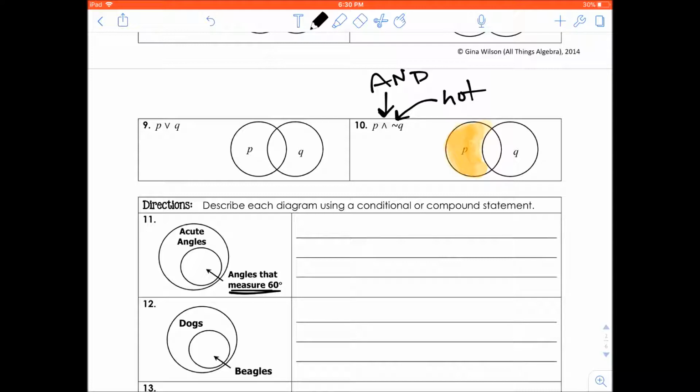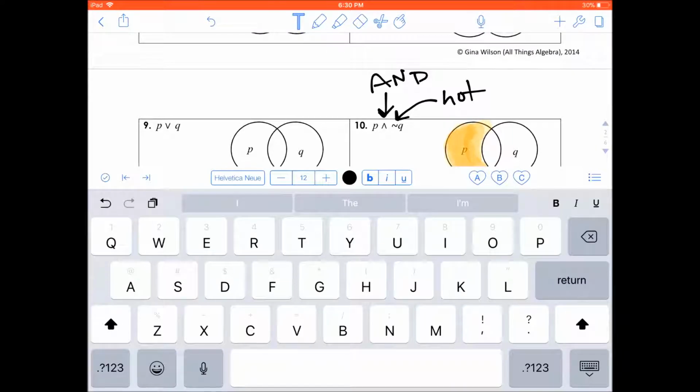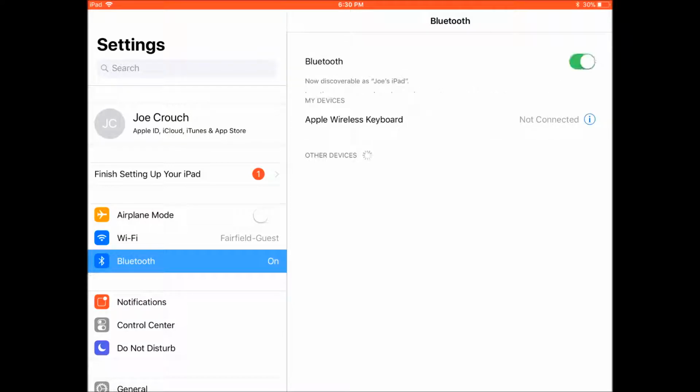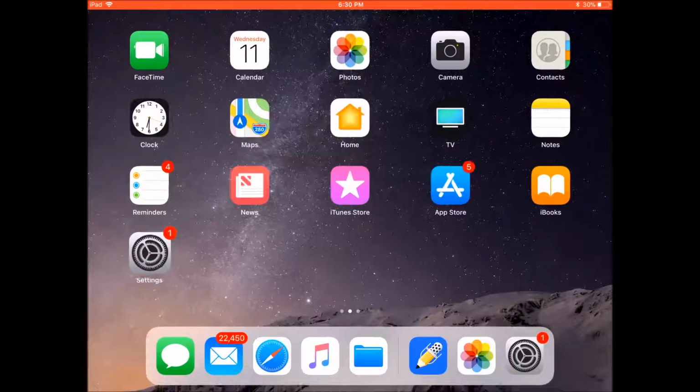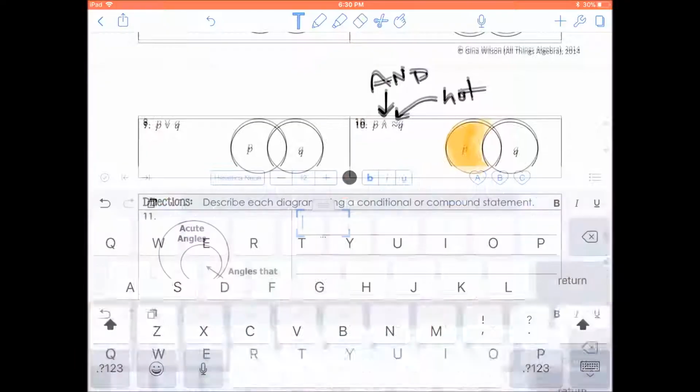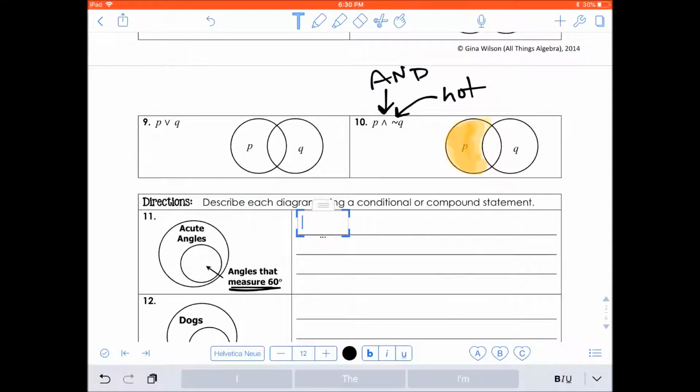Nope, not yet. Turn on the keyboard. All right, this is going to make it a lot quicker using the keyboard than trying to type by hand.